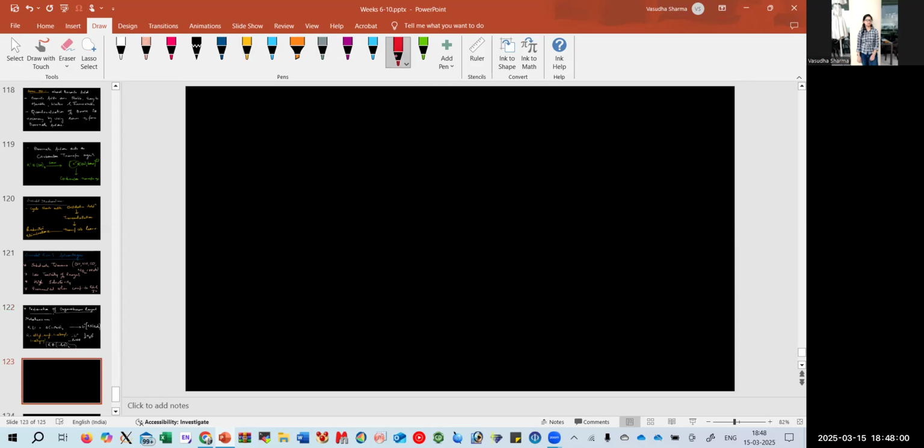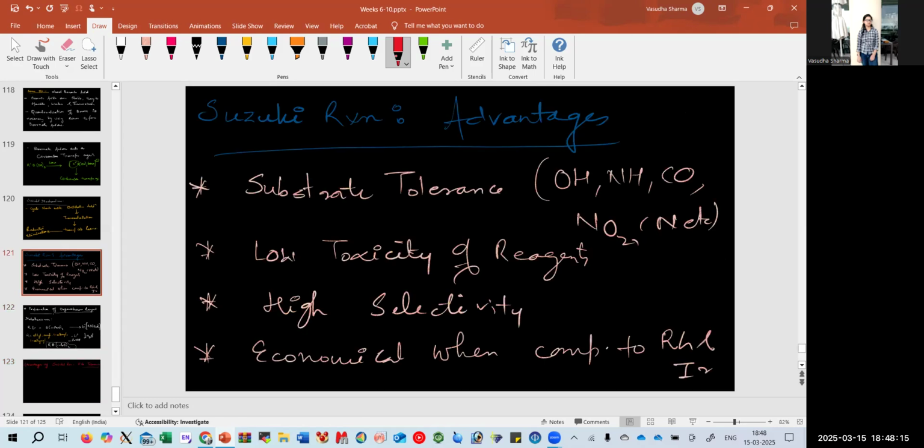As we were mentioning, the advantages of the Suzuki reaction, which I said is functional group tolerance. So it's a functional group, which is FG.